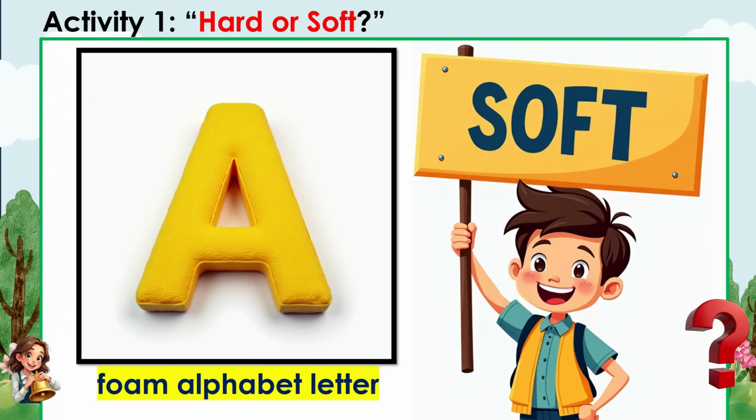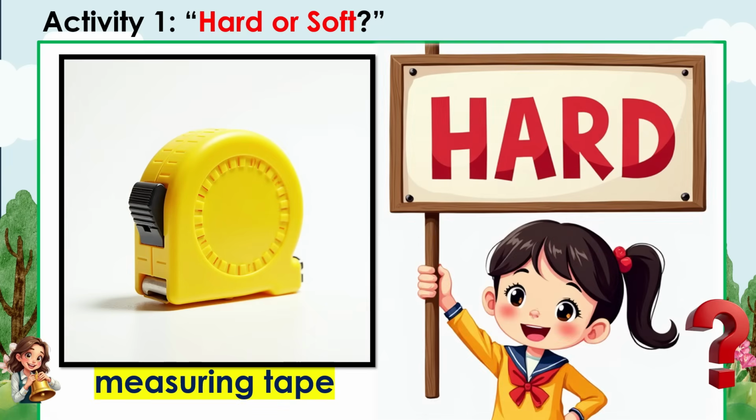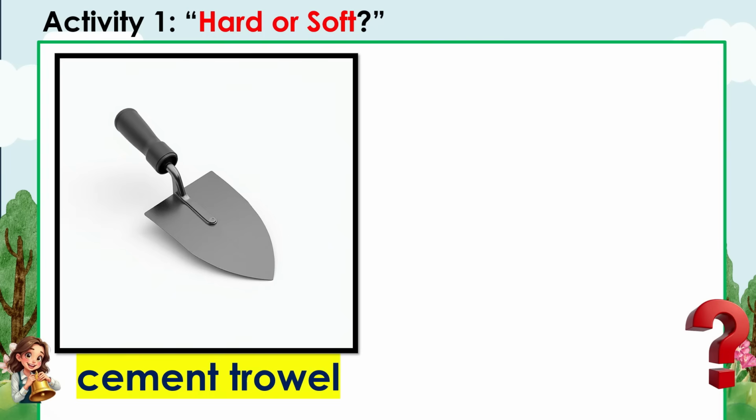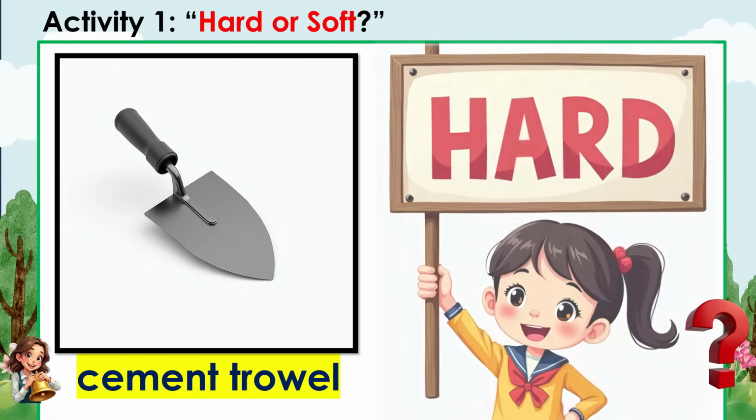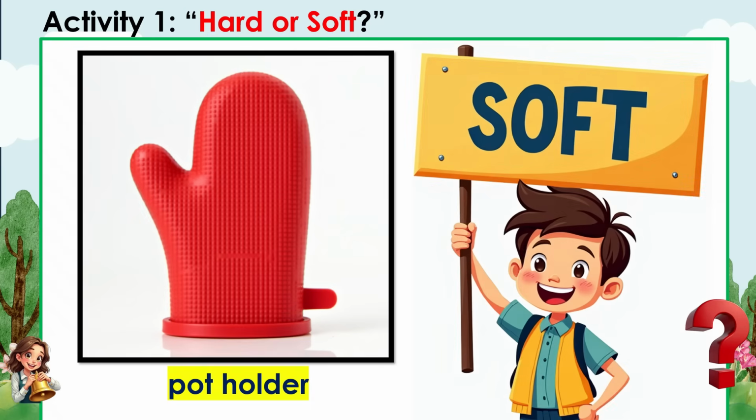Yes, it is soft. Measuring tape. Yes, it is hard. Cement trowel. Yes, it is hard. Correct. Pot holder. Yes, it is soft.